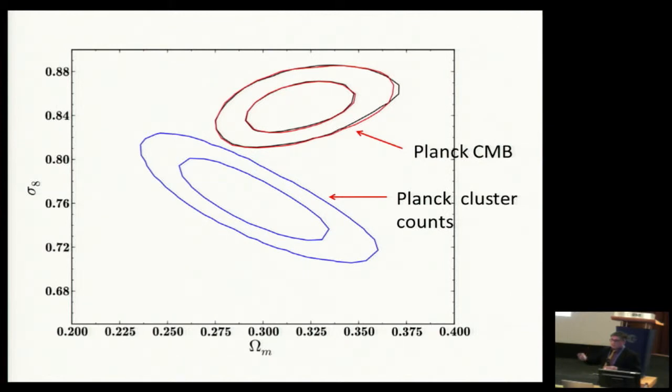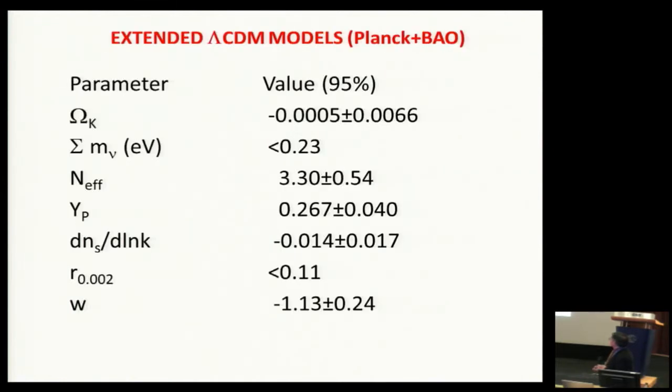We don't understand how to convert from SZ measurements through X-ray measurements through to masses of rich clusters of galaxies. But this result has been seen in other analyses of the counts of rich clusters and is another interesting discrepancy. So either it's nonlinear physics that we don't properly understand involving the clusters themselves, or perhaps it's fundamental physics.